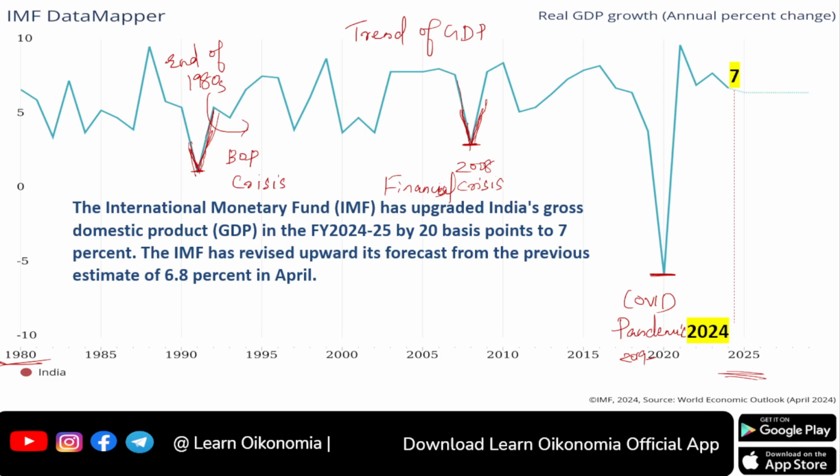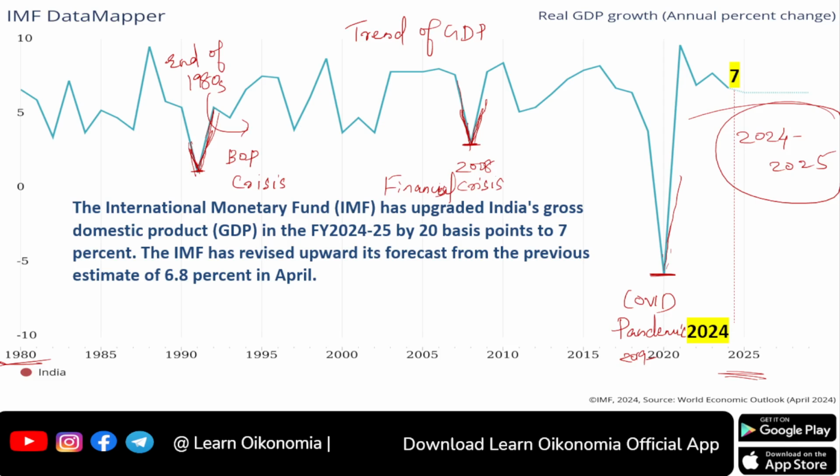Later, we went for a vaccination drive and some other policy measures, which made our economy recover. That is what we are seeing from here onwards. We could find that the IMF was looking at India's economy, collecting data and analyzing it. Now, for the year 2024-25, the IMF was looking at the GDP of our country.